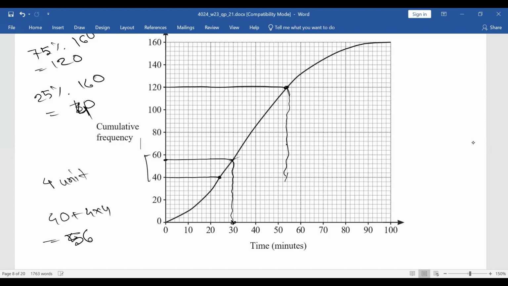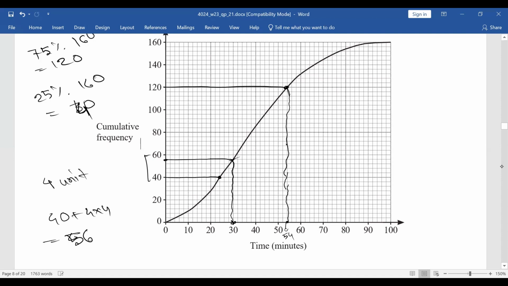If we draw carefully, then we'll find that this vertical line will intersect the x axis, or the time axis, at 54.